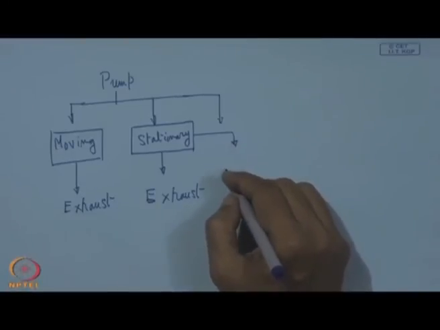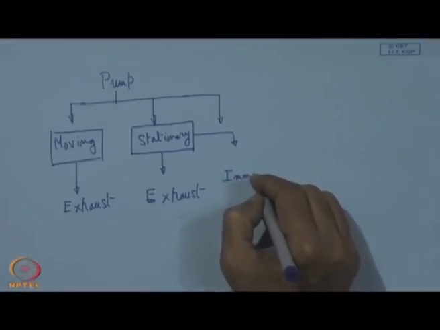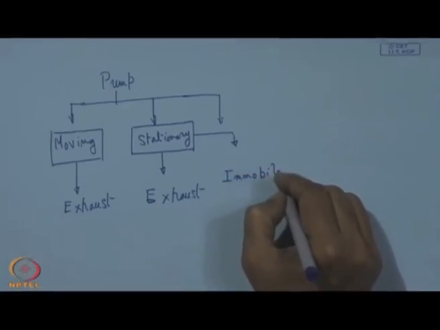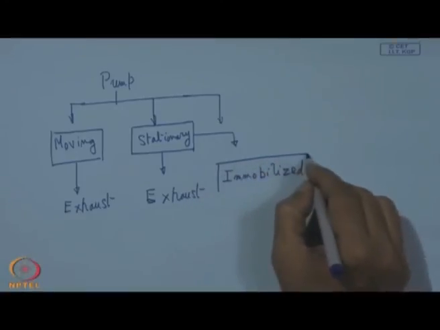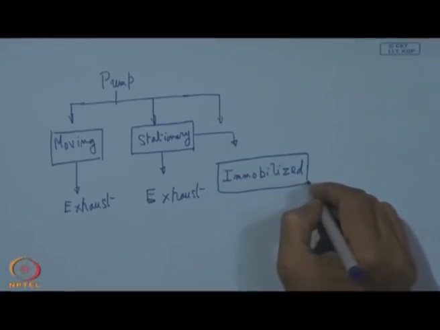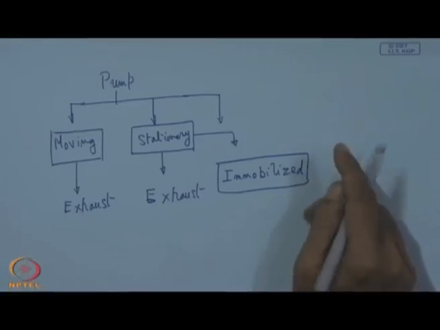In this case, they are actually immobilized. These gas molecules are immobilized within the chamber itself, and there are certain parts or certain surfaces on which they will be adsorbed or trapped. So this is also another way of doing the thing.